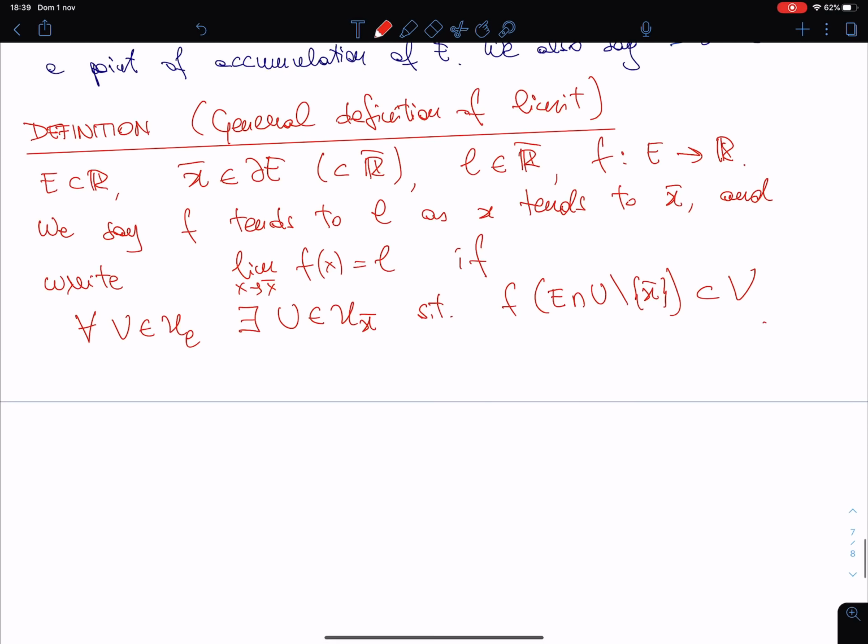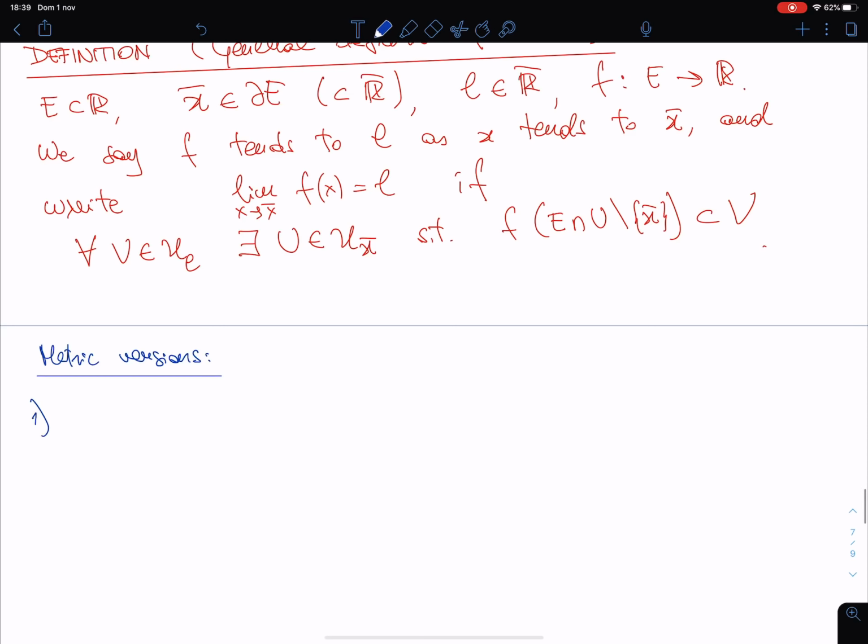And of course, there are metric versions. Metric versions are the following.